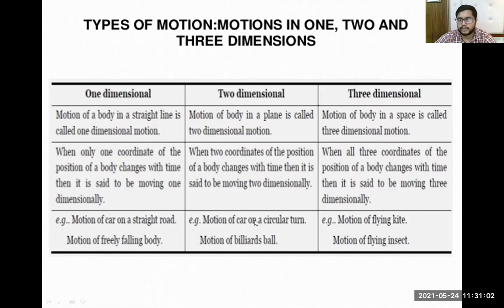You can say a polo game. When three coordinates of a body are changing with respect to time, it is called three-dimensional motion, like flying a kite or the motion of a flying insect. These are three-dimensional motion.